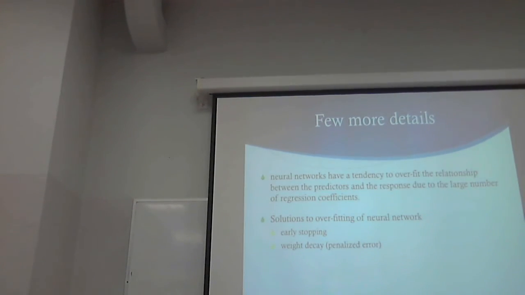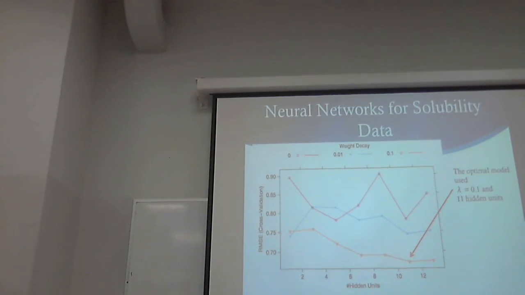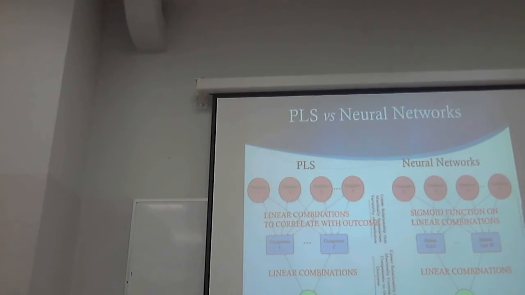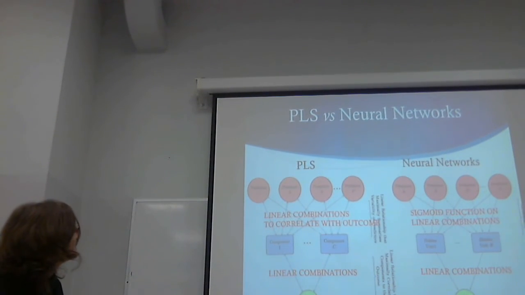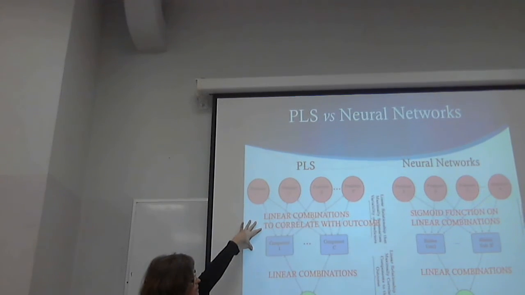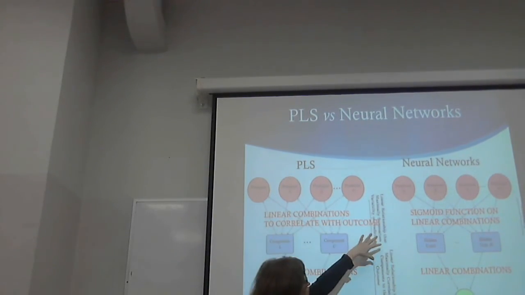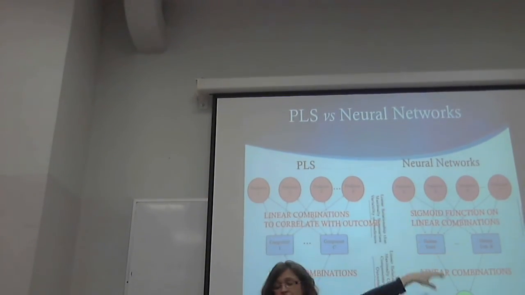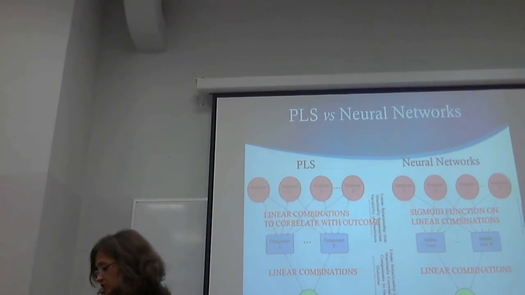This is a comparison again. PLS is a linear combination to correlate with the outcome, and a neural network is just a linear combination multiplied by a sigmoid function.